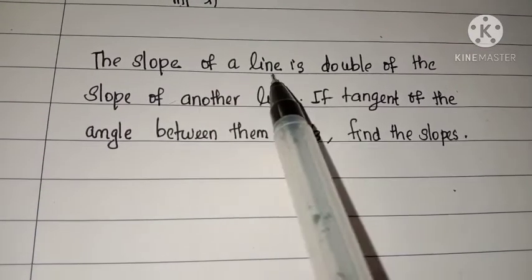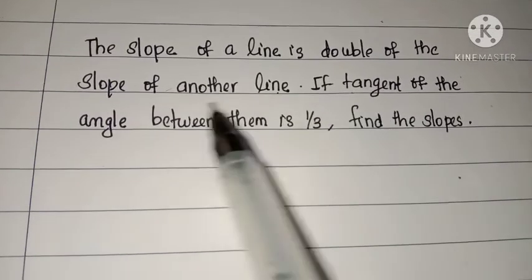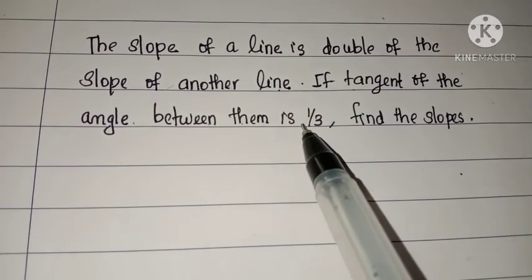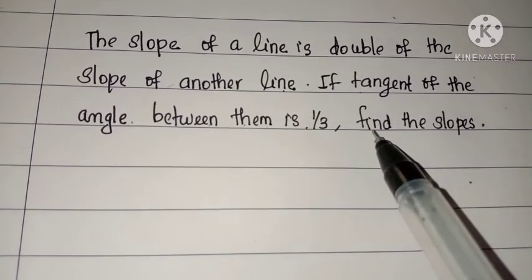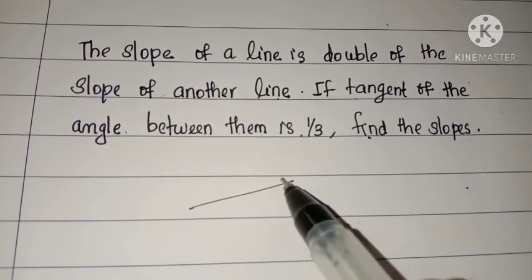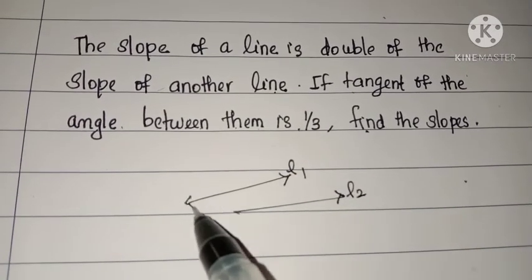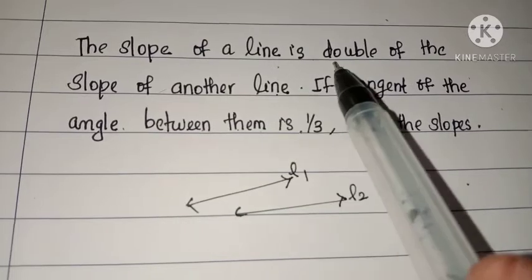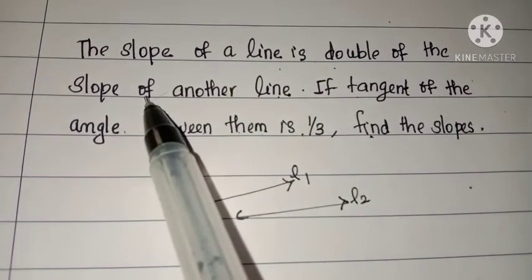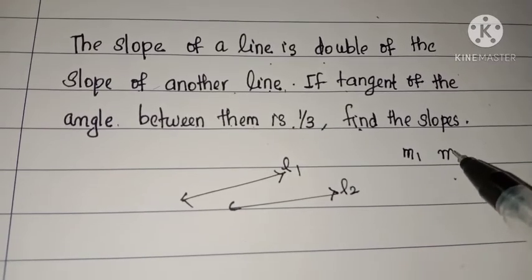The slope of a line is double the slope of another line. If the tangent of the angle between them is 1 by 3, then find the slopes of the lines. So we have two lines, simply drawing the figure, L1 and L2. Given that the slope of a line is double the slope of another line, actually slopes are m1 and m2.